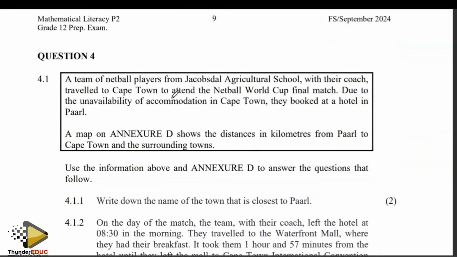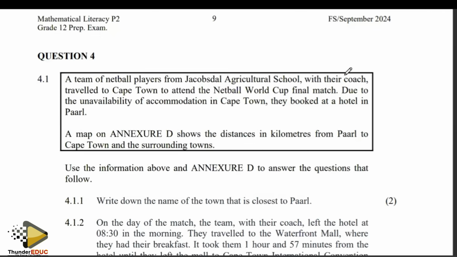All right, we look at question number 4. Question number 4 talks of a team of netball players from Jacobsdale Agriculture School with their coach who traveled to Cape Town to attend the Netball World Cup final match.